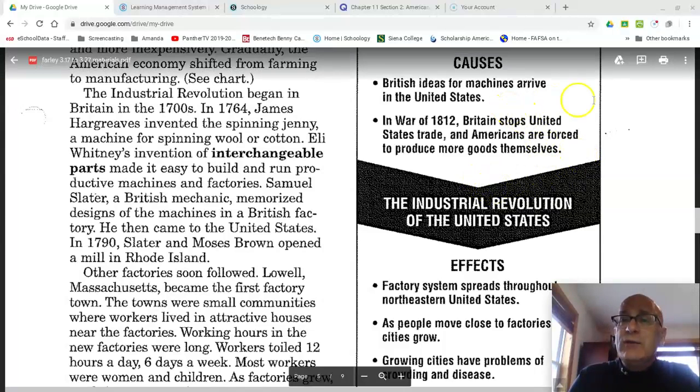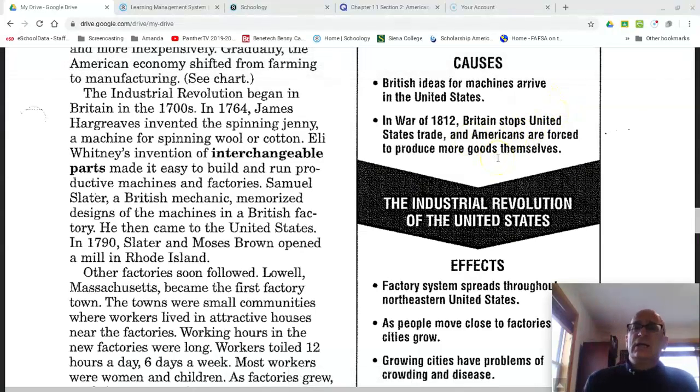Causes of the Industrial Revolution: there were British ideas for machines that arrived in the United States. And in the War of 1812, Britain began stopping trade to the United States, and Americans were forced out of necessity to start producing more goods for themselves.